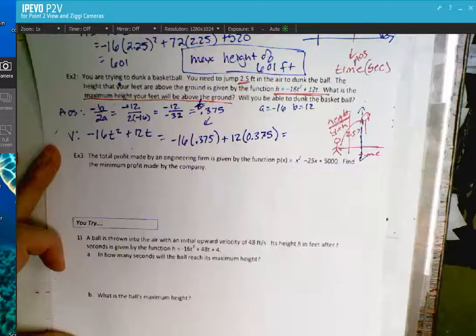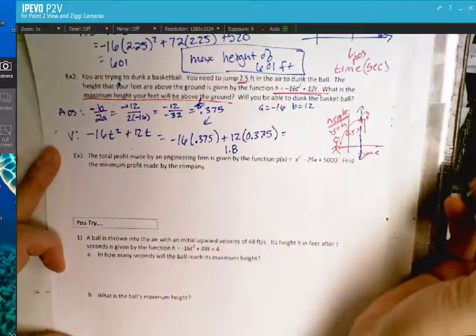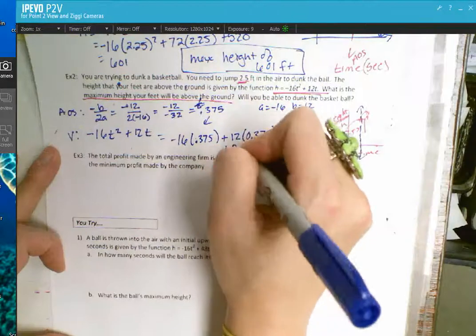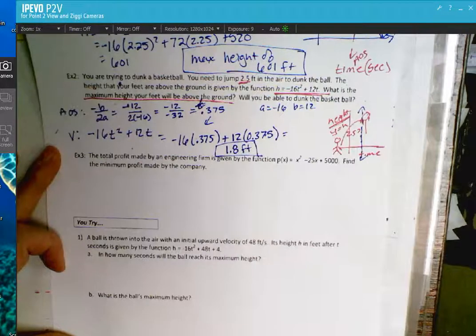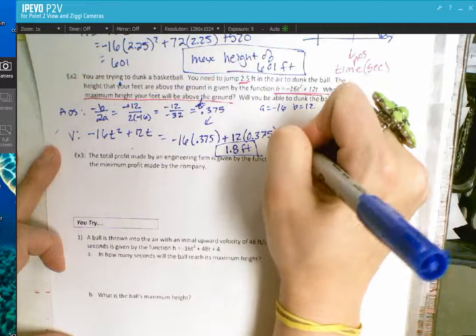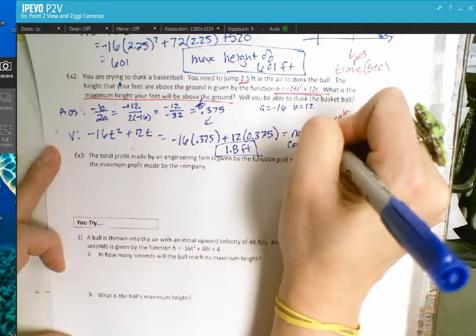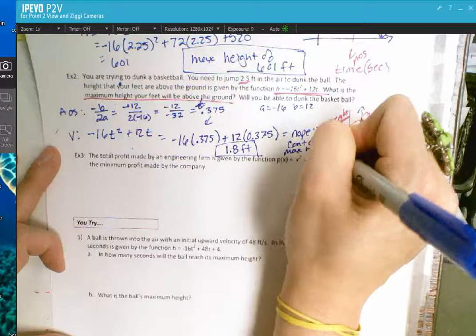Put it exactly like you see it in your calculator, and you're going to get 1.8. That's in feet. Was I able to jump 2.5 feet? Nope. Can't dunk. Max height 1.8 feet.